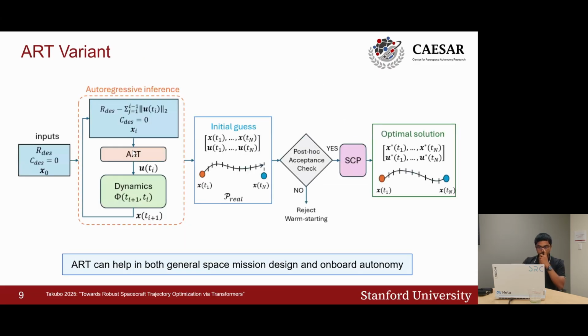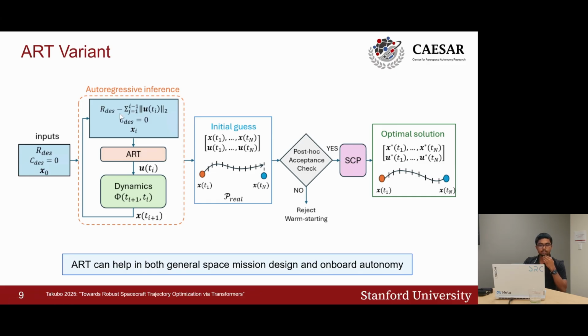So what we do is we have this auto-regressive inference. We have some initial conditions, and upon feeding that to ART and giving specific reward-to-go and constraint-to-go, you get some initial guess. This initial guess is passed on to standard non-convex solvers like SCP, which then returns an optimal solution.